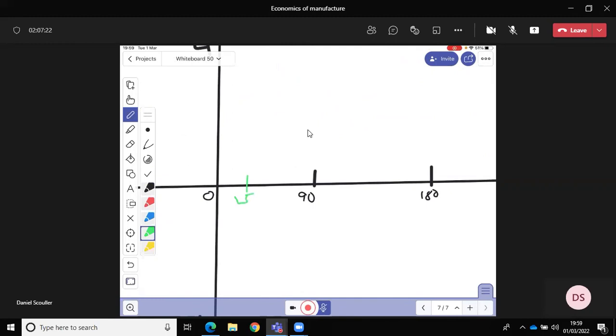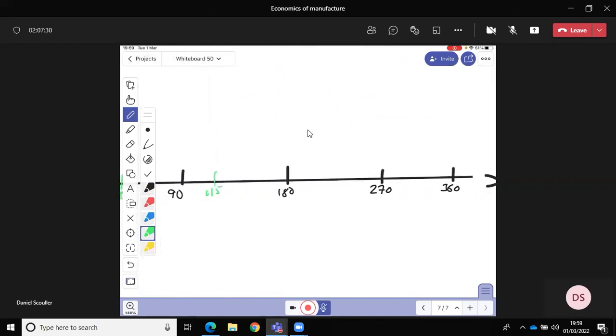Our first main milestone moves by 25 degrees, so that'd be 115. The second milestone would be 205. 295.